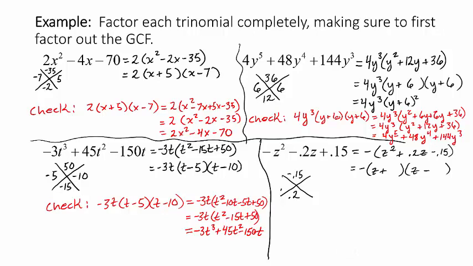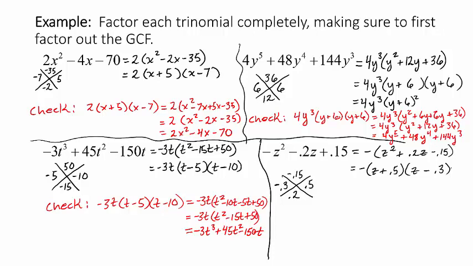Just think of the factors of 15: 0.3 and 0.5. One of those has to be positive and one negative. What combination would give us positive 0.2? If I had negative 0.3 and I added 0.5, I should get positive 0.2. So we're going to have z plus 0.5 and z minus 0.3 as factors there.